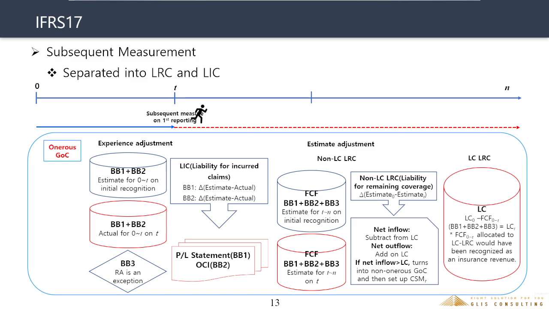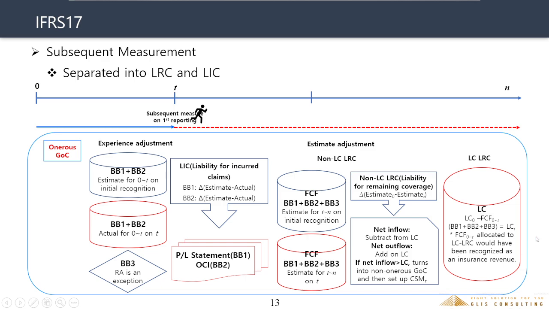That's going to be turned into insurance revenue, and out of that portion you have to allocate between the loss component and the non-loss component, and then the portion allocated to the loss component is subtracted from loss component 0.